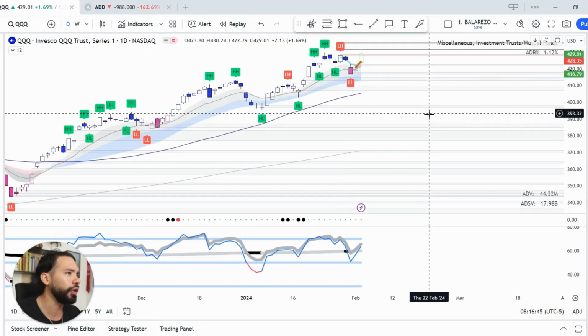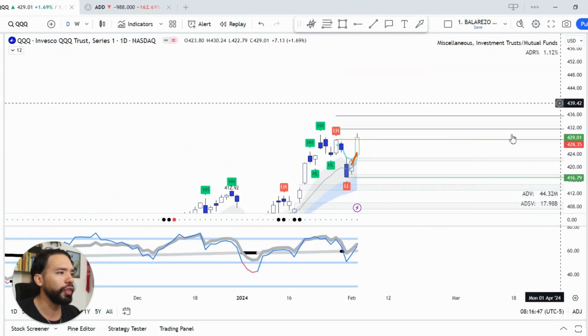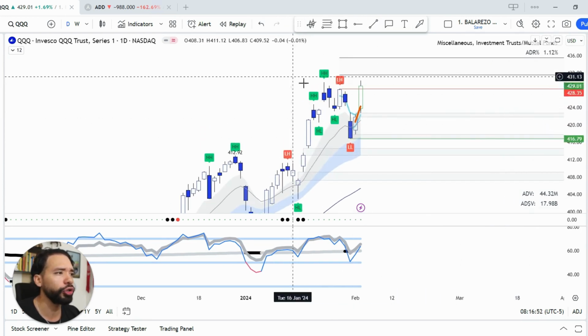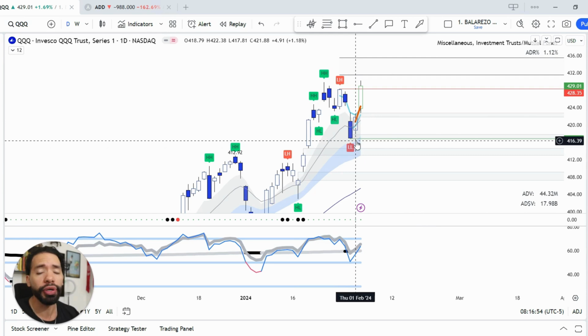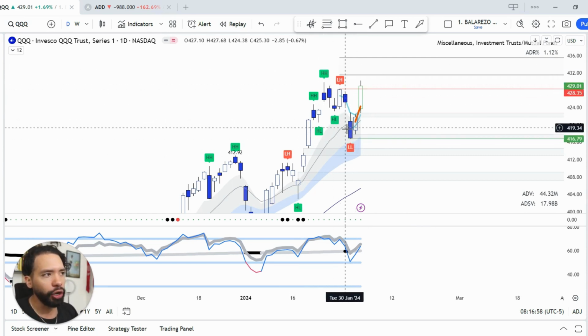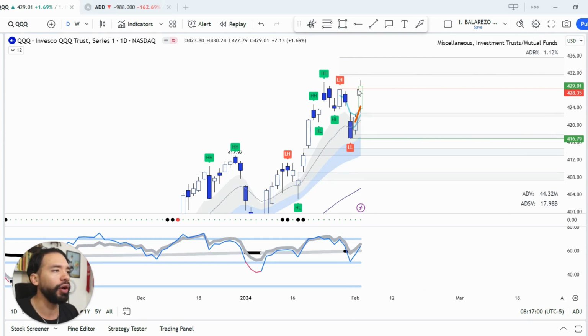If we jump into the Qs, you can see right here that they were trying to change the short-term structure. You can see right here that we printed a lower high, that's the first step, and then we had a lower low. But what happened on Friday is that we are already breaking up above that lower high, and then the label on Monday is going to show a higher low here on the QQQs, and that's reclaiming that bullish structure.